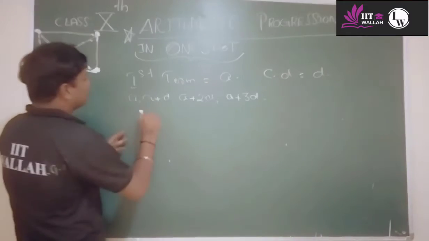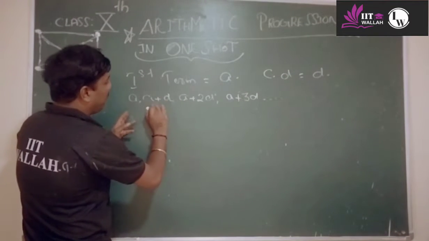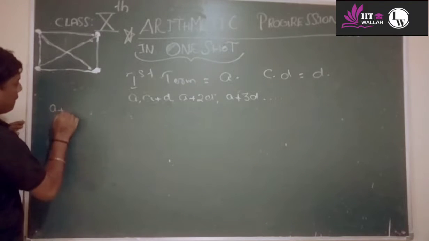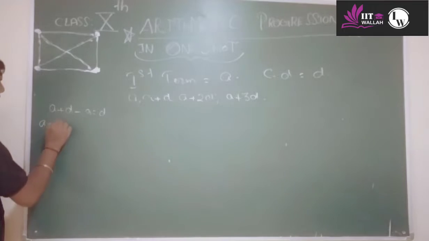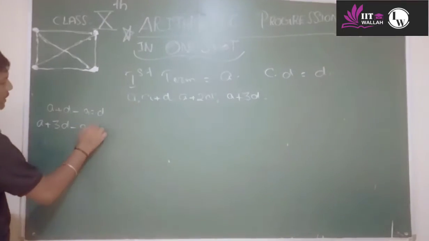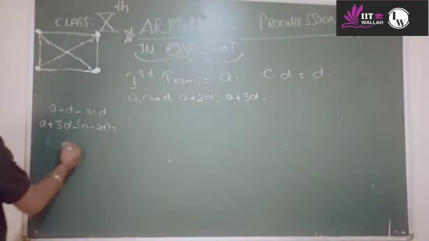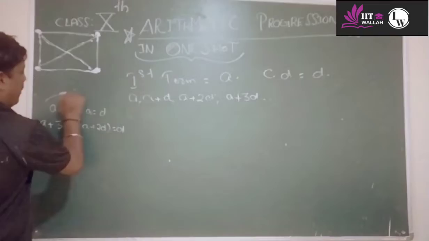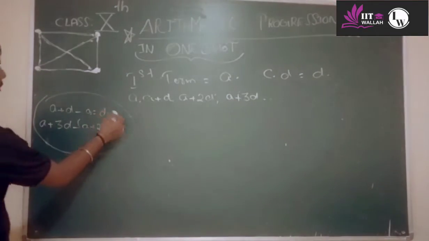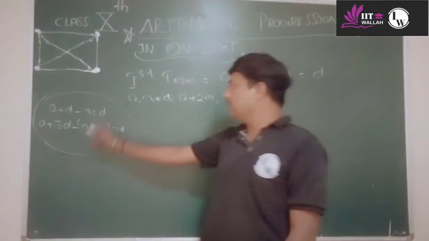So if you subtract any term from the next term, we are getting D. A plus D minus A is D. A plus 3D minus A plus 2D, A will be cancelled, 3D minus 2D, D. See, everywhere we should get D. If you subtract any term from the next term, you should get the common difference.